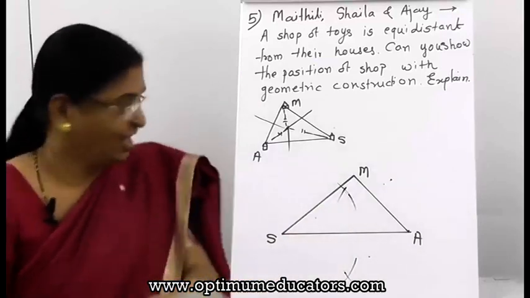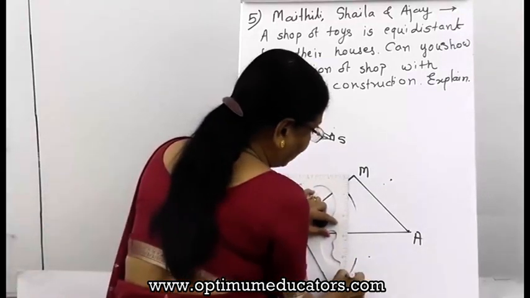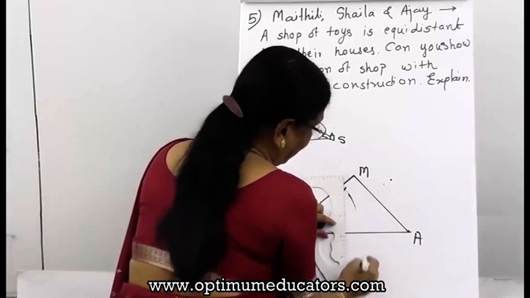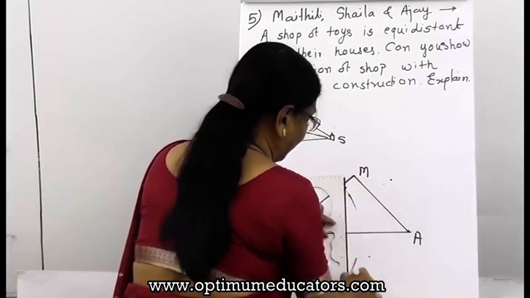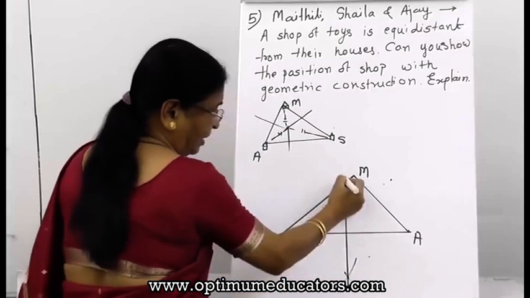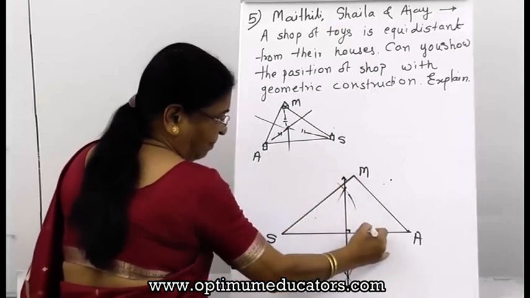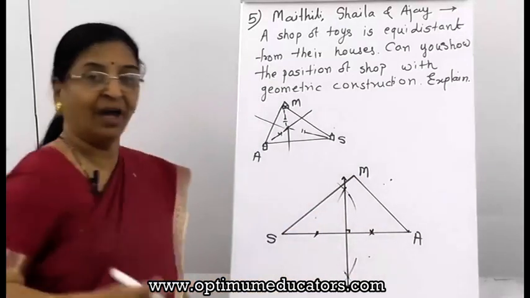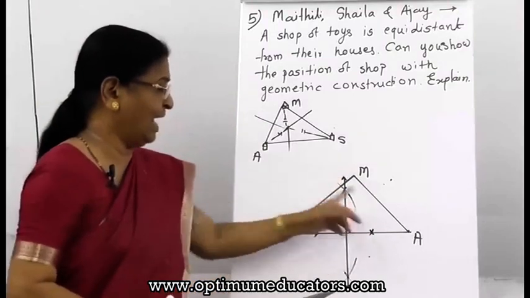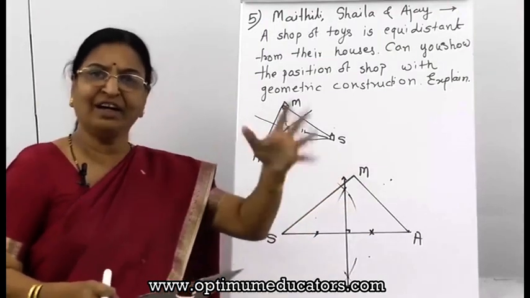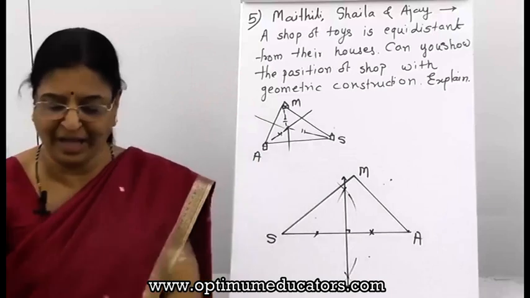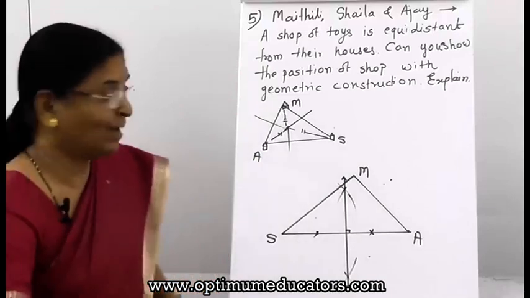And then this is the perpendicular bisector of this side, AS. Again you have to go one more, MA or MS. The third is the point of concurrence only.